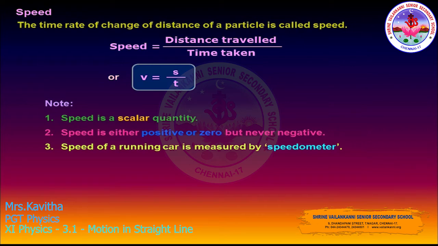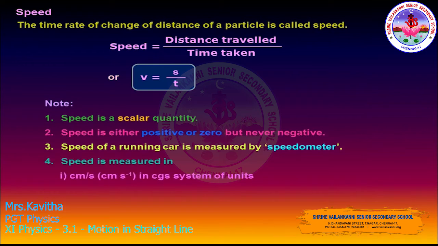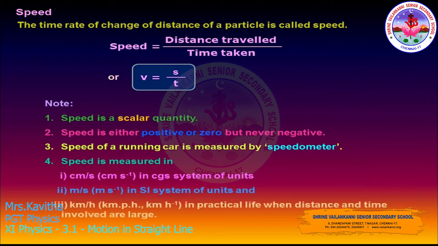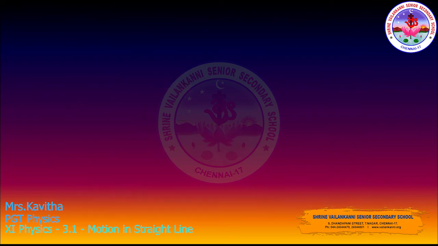The speed of a running car is measured by a speedometer, which we see in our cars or bikes. Speed is measured in centimeter per second in the CGS system, meter per second in SI units, and kilometer per hour in practical life when the distance and time involved are large. So we can use all three.